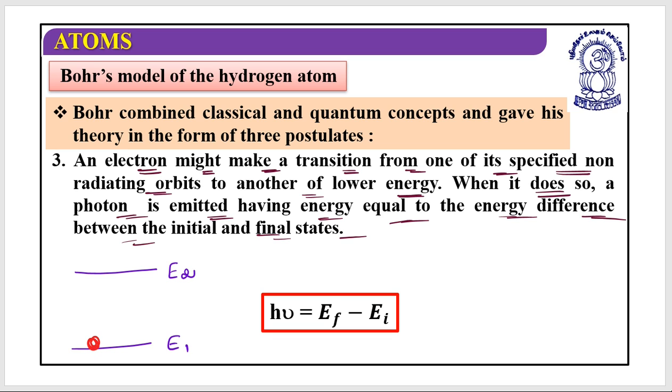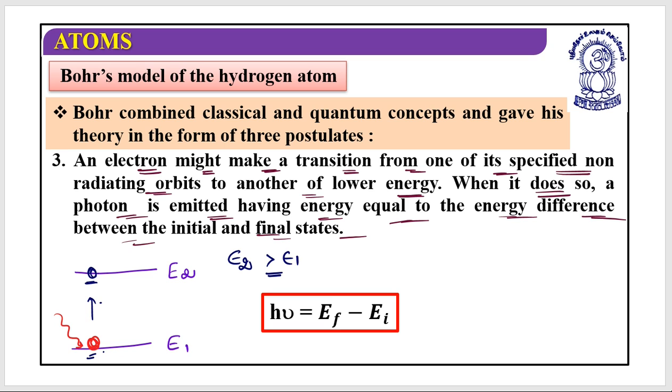Let's suppose a certain electron is there. It has received a certain amount of energy from some source. After receiving this energy, this electron will jump to this orbital state, E2, and we could say that E2 is greater than E1 energy-wise.